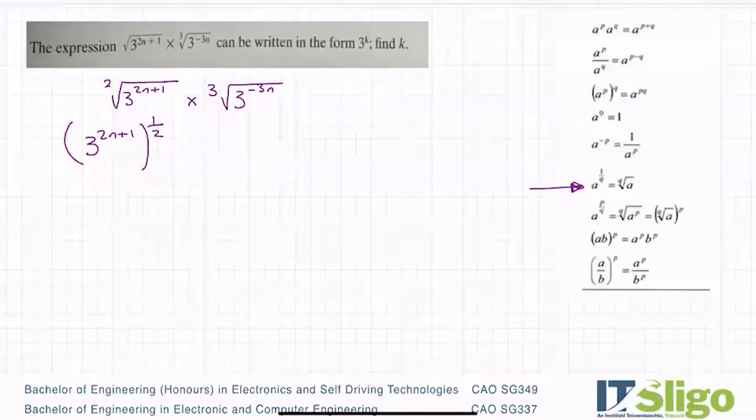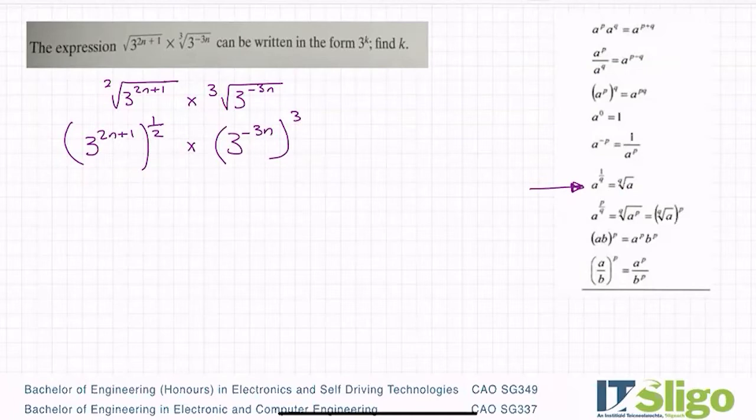It is easily the most common one that's used, and that's multiplied by, okay, so it's the same rule I'm going to use again, except in this case the q is 3. So it's my base number, which is 3 to the minus 3n, all to the power of 3. Okay, so that's the first bit done.